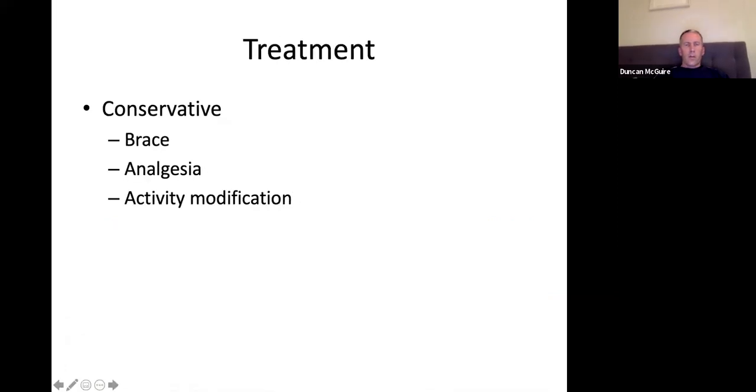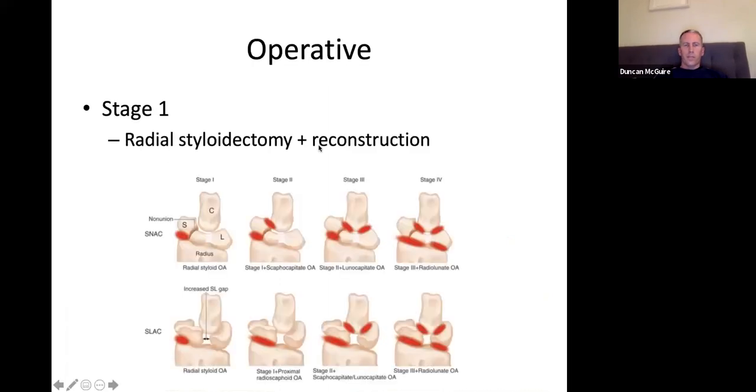So the treatment for SLAC and SNAC, initially, as in most things, is conservative: brace to begin with, analgesia, activity modification, and when that fails, then offer the patient operative management. In stage 1 for both SNAC and SLAC wrist, the treatment is a radial styloidectomy, and you reconstruct the problem.